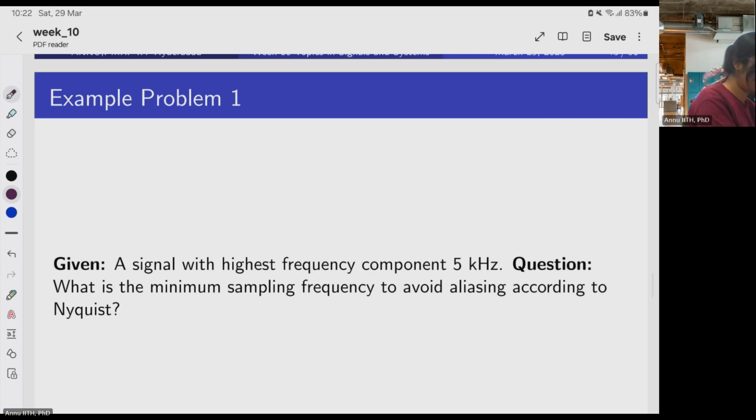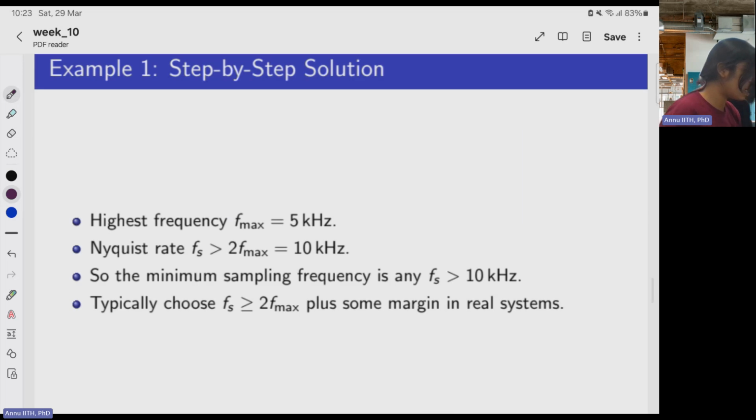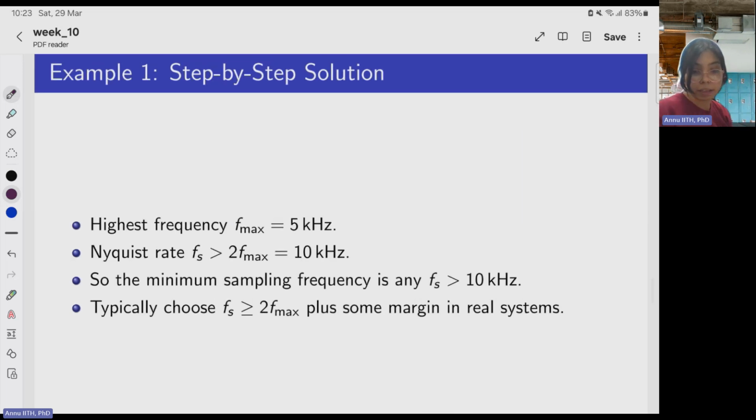The answer: the highest frequency is 5 kilohertz, so fs should be greater than 2 fm.